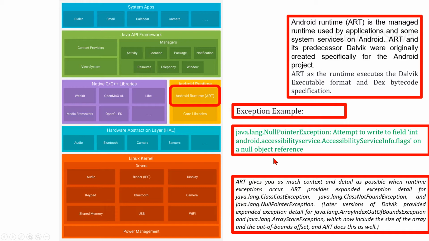ART provides expanded exception details for java.lang.ClassCastException, java.lang.ClassNotFoundException, and java.lang.NullPointerException. Later versions of Dalvik provided expanded exception detail for java.lang.ArrayIndexOutOfBoundsException and java.lang.ArrayStoreException, which now include the size of the array and the out of bound offset, and ART does this as well.